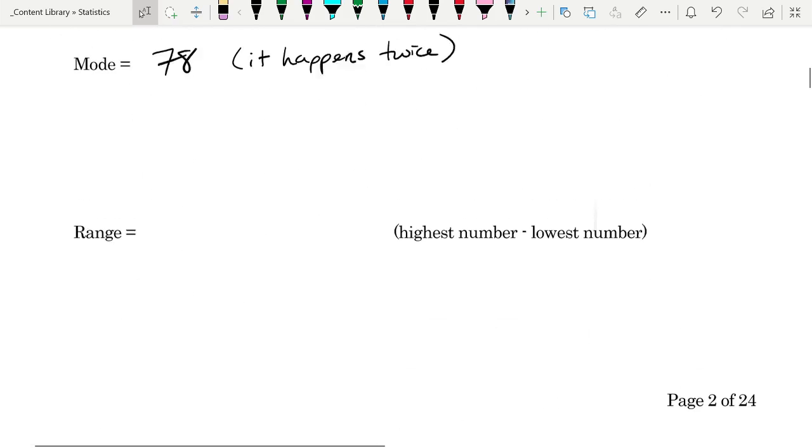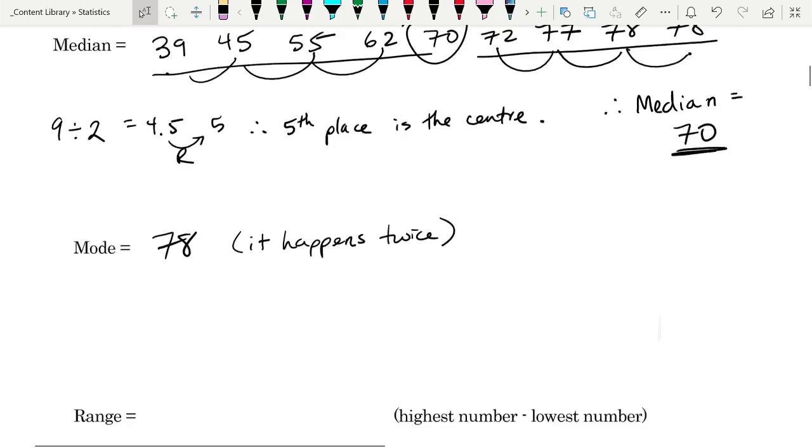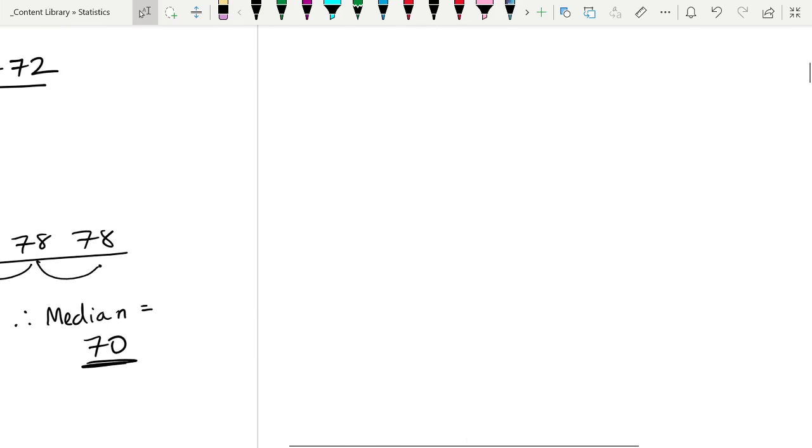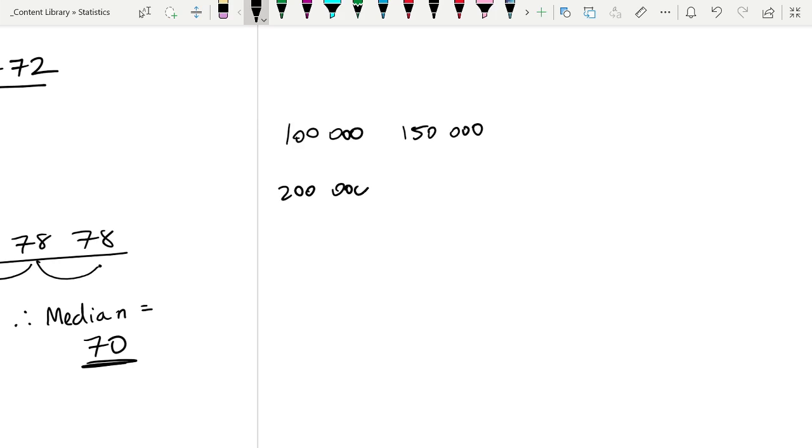Let's say that my hockey team only had 5 players, and one player made $100,000, and the next player made $150,000, and the next player made $200,000. And then the fourth player made $220,000. But the fifth guy is my all-star. He makes $10 million.